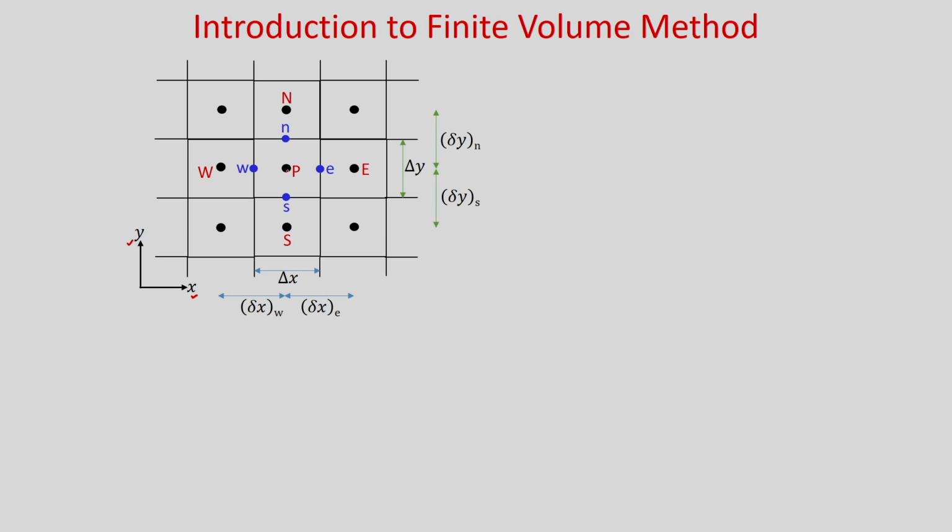In finite volume method, we consider the main control volume as this one and denoted by P, and the center of this main control volume is known as cell center, denoted by P.